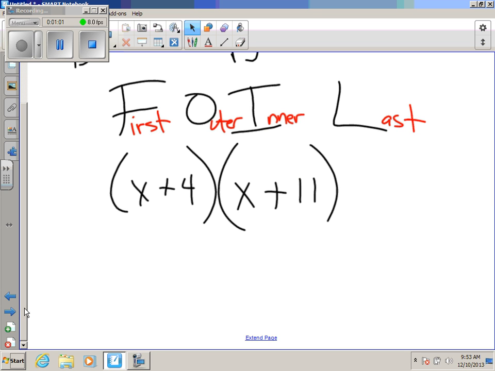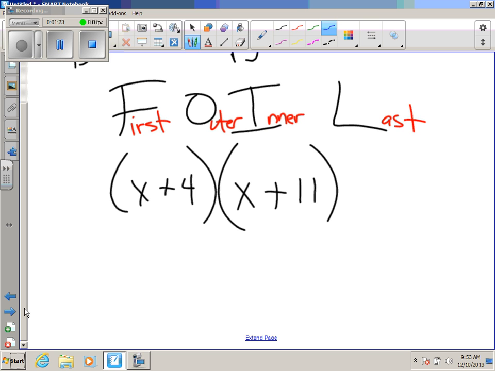First, outer, inner, last. And throughout this process, at least what we start off doing is multiply.